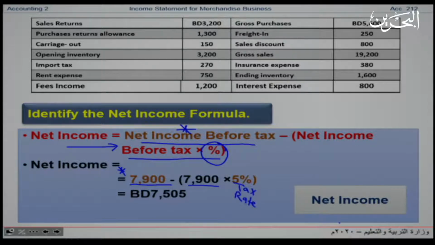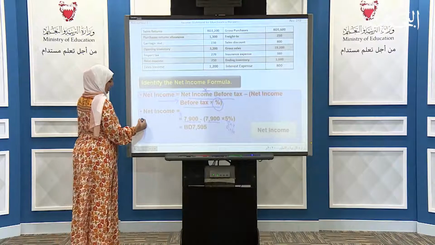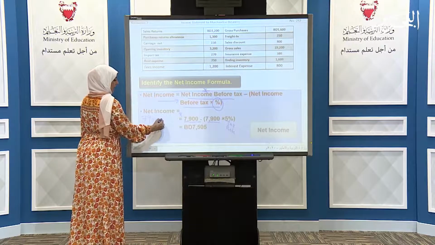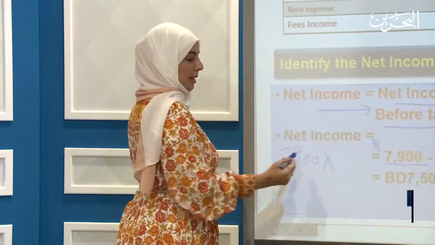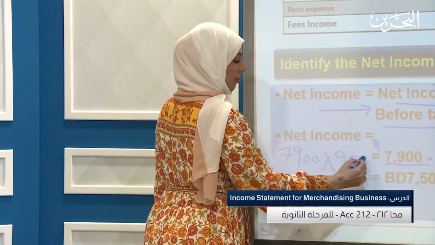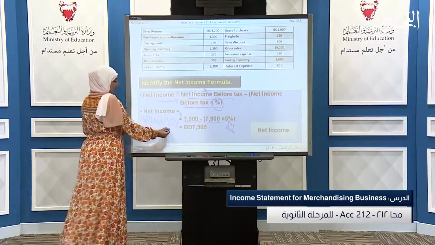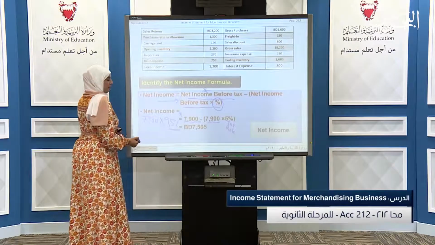Or I can find it using another way. I can take the net income before tax, which is 7,900, and multiply it directly by 95%. From where can I get the 95%?